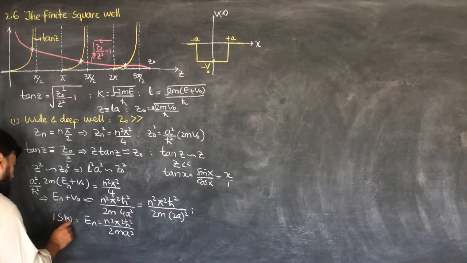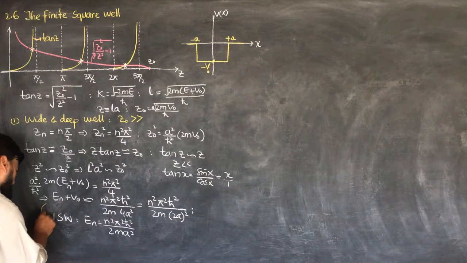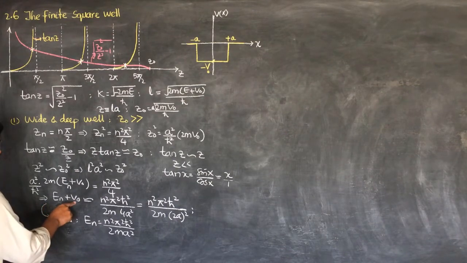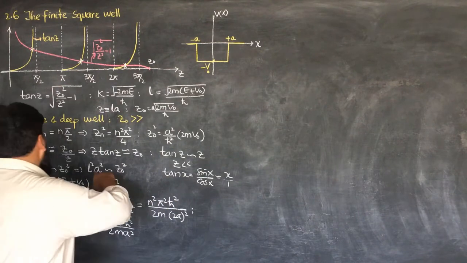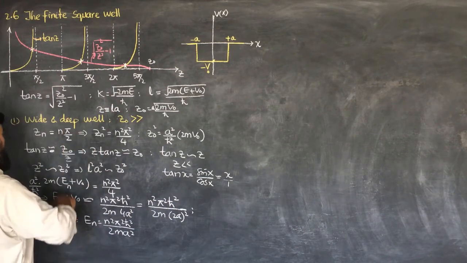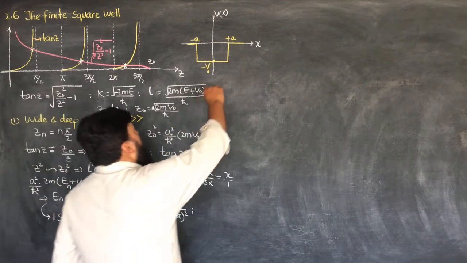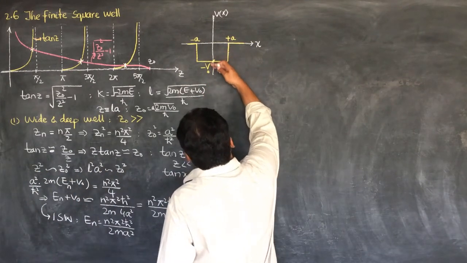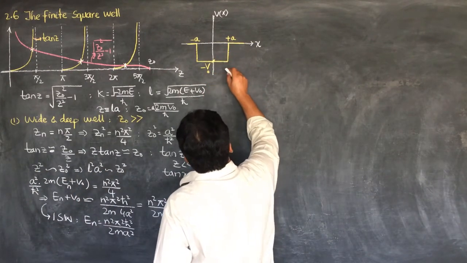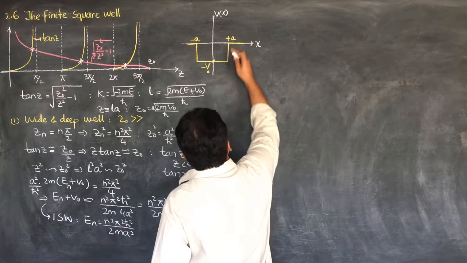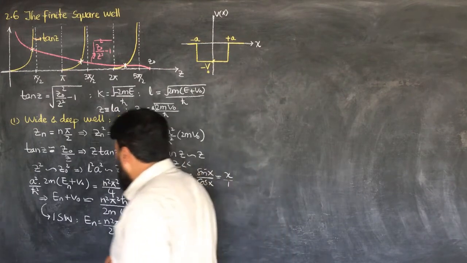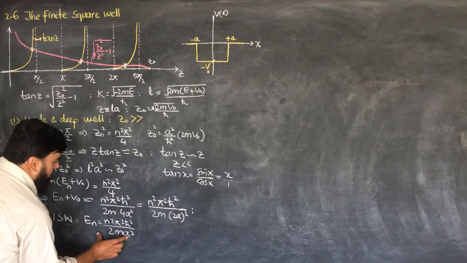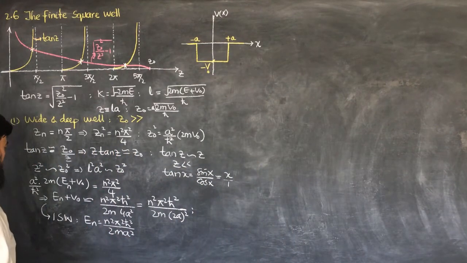So we reduce the finite square well to the infinite square well by considering its potential too deep and too wide. When this potential goes deep, the potential on the walls becomes infinite, and we reduce the energies to the infinite square well energies.